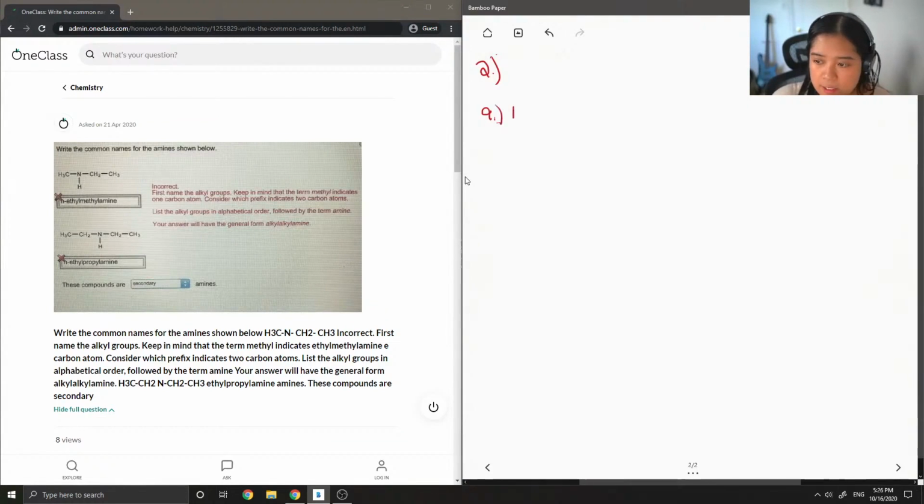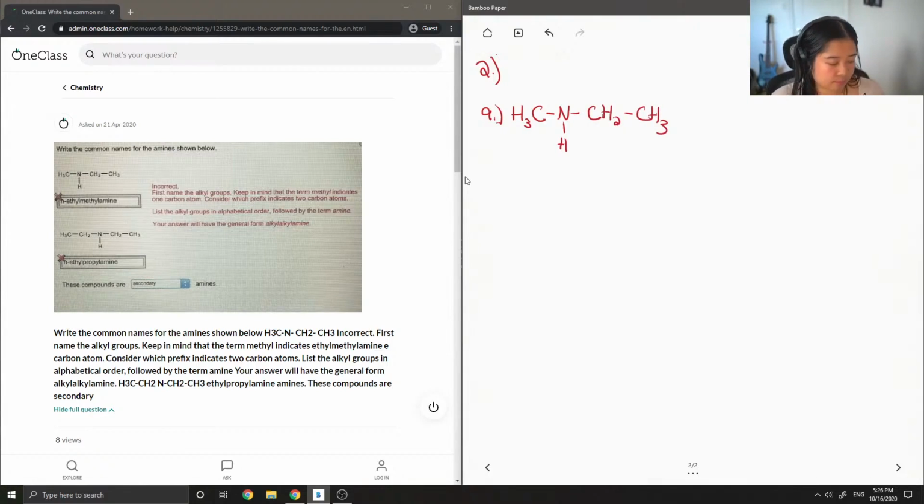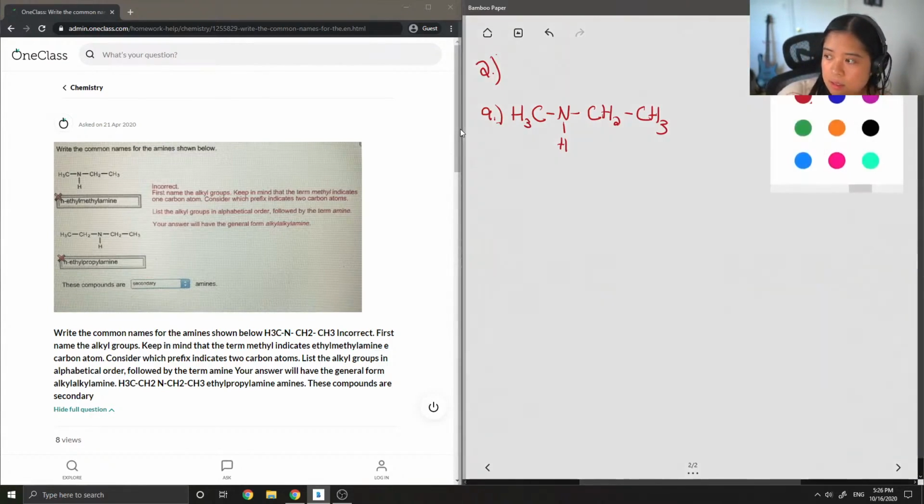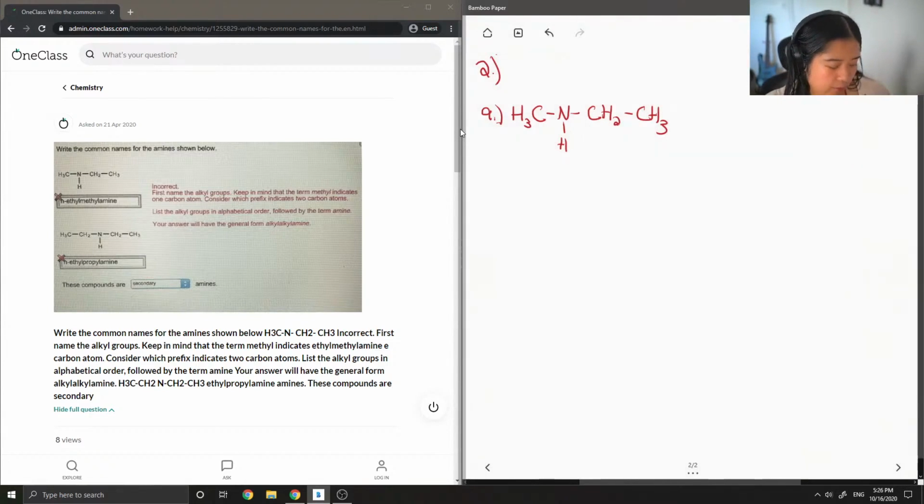So I'll write it as A, H3C. Okay, so since the question asks to write the common names for the amines shown below, we know that this amine group will be our parent.